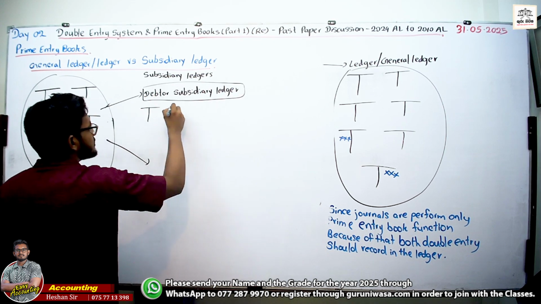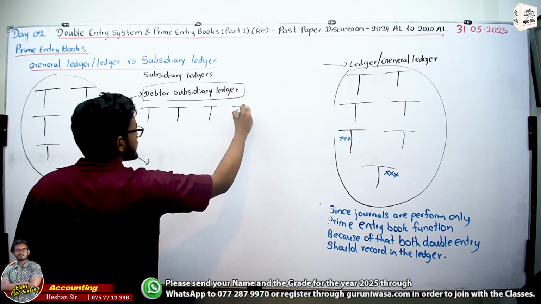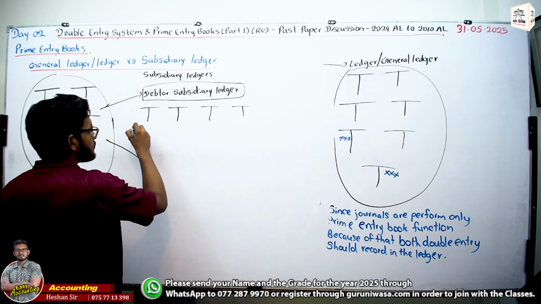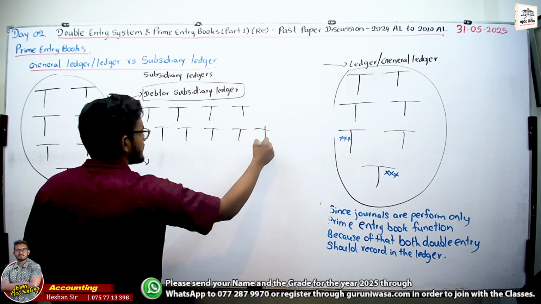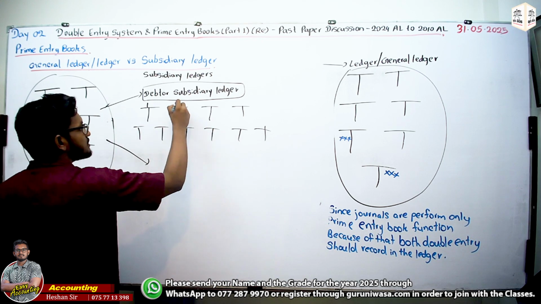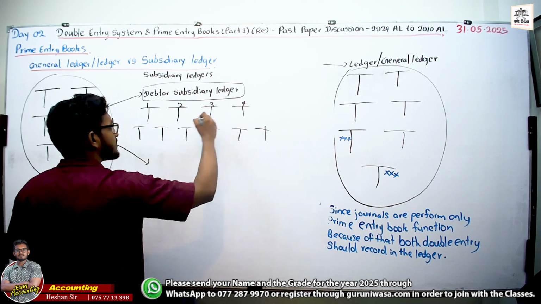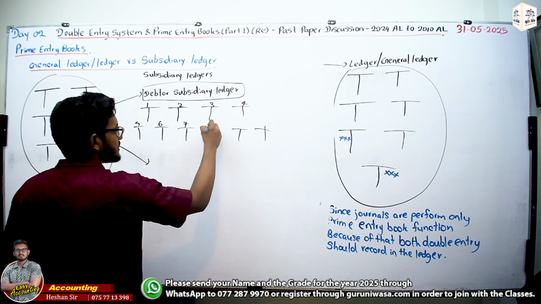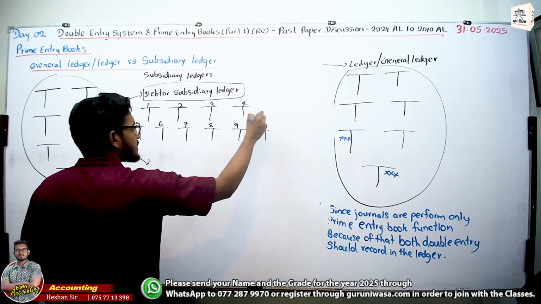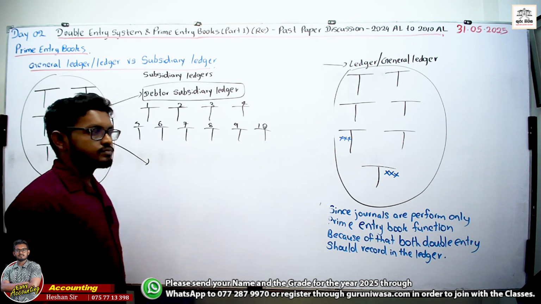Think there are 10 debtors in the business, debtor 1, debtor 2, debtor 3, up to debtor 10. We separately maintain them, right?